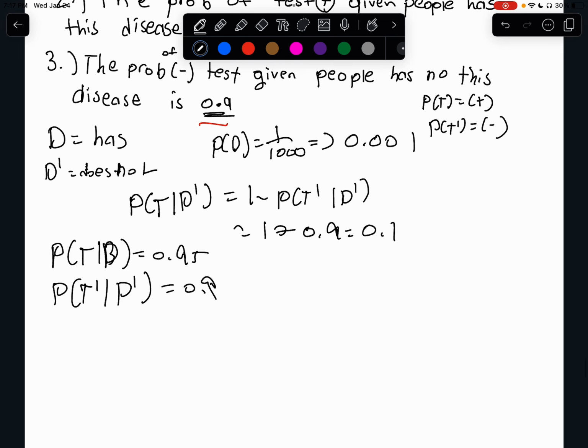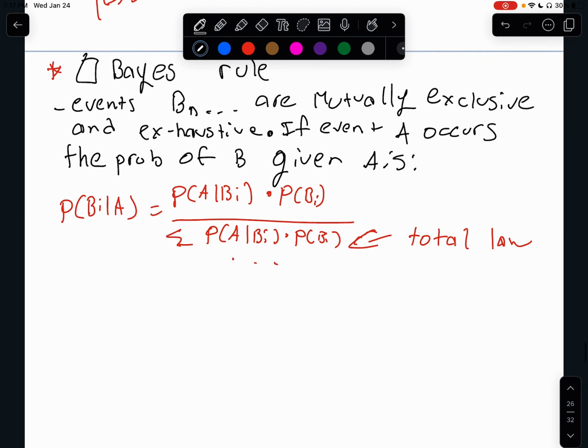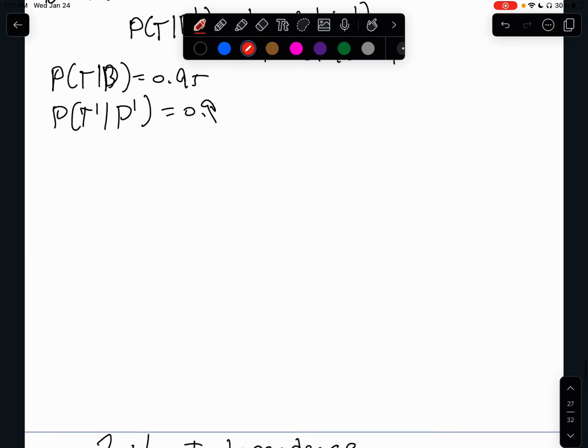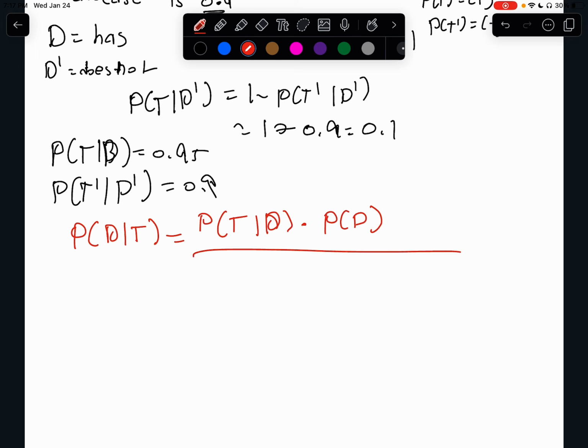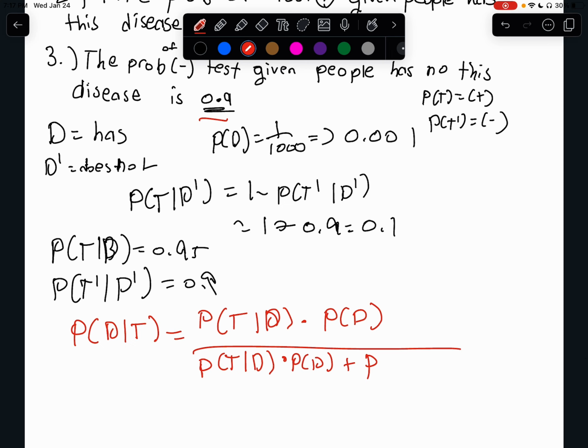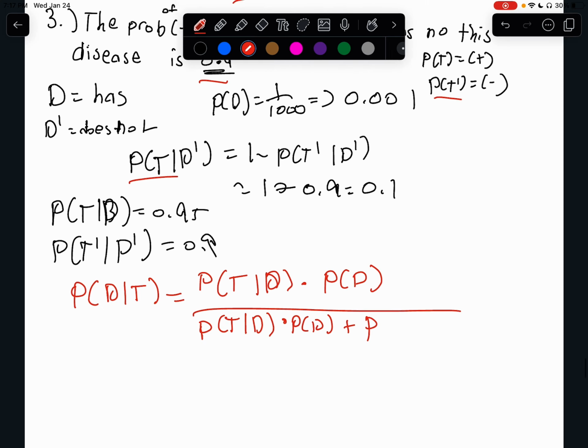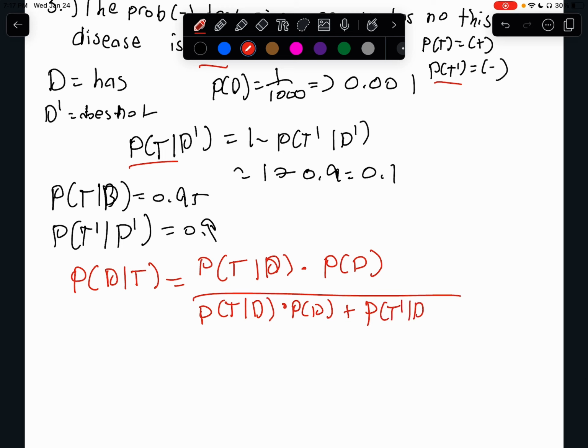All right. Now we use our formula of Bayes' rule that we just covered above. The probability the person has the disease given the test is positive equals the probability the person tests positive and has the disease, multiplied by the probability that they have it, divided by that same term plus, using our other denotation up here, the probability that they test positive and don't have the disease multiplied by the probability that they don't have the disease.